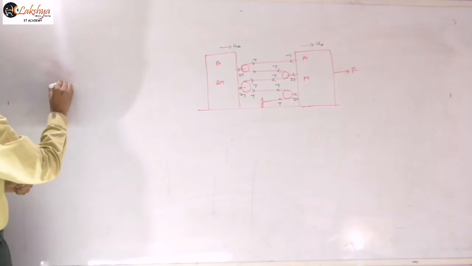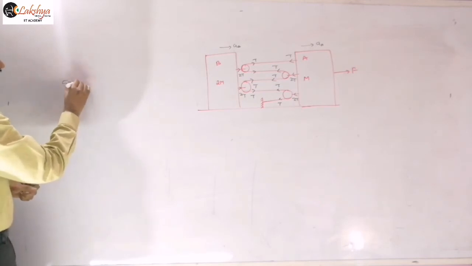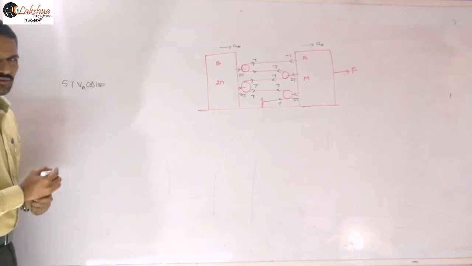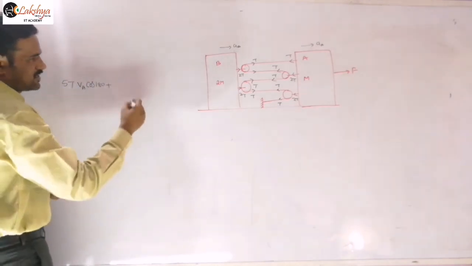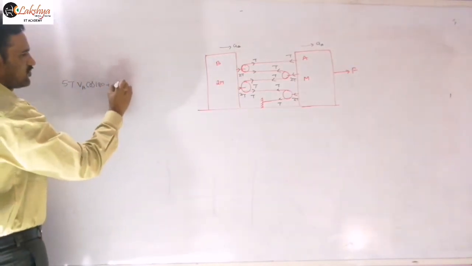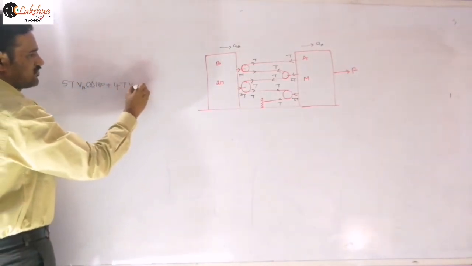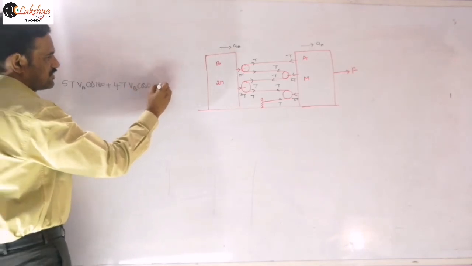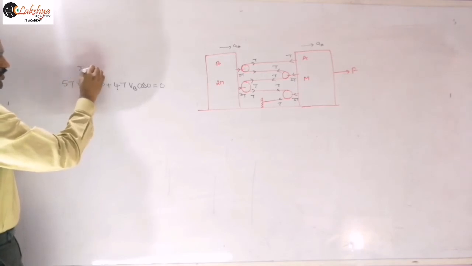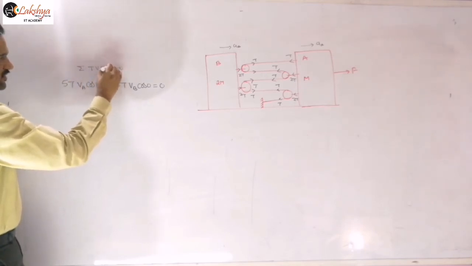That means we can write this constraint relation as 5T into velocity of block A into cos 180, since they are opposite in direction, plus for this T, 2T and 2T, 4T will be there. So 4T into velocity of B into cos 0, they are in the same direction, this value will be equal to 0. This is our sigma T V cos theta equal to 0 equation here.